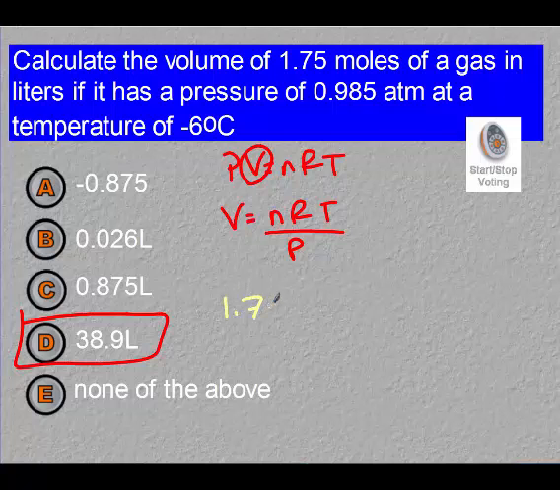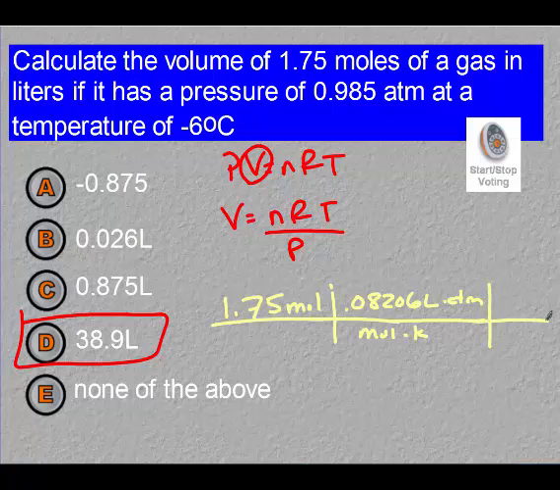Plugging in those values. The temperature is negative 6, which means when you add 273, you should get 267.